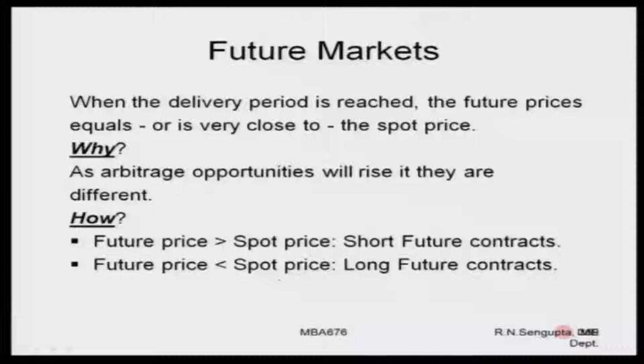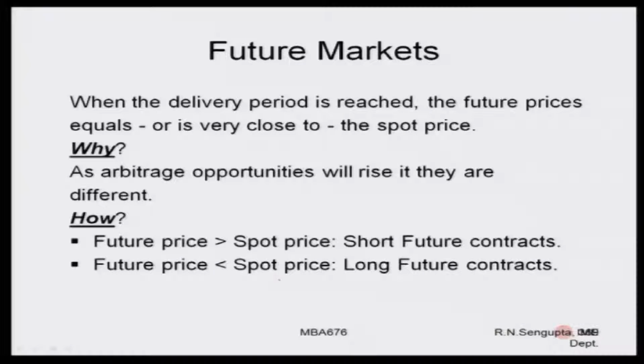In case the futures price is less than the spot price, what will I do? I will buy that contract, and sell in the open market in order to make a profit. So, in whichever case, whether the futures price is greater or less than spot, we will take the position of a short futures or a long futures in order to make a profit.